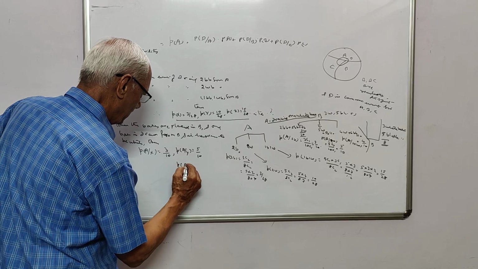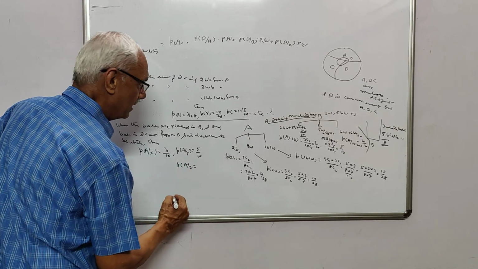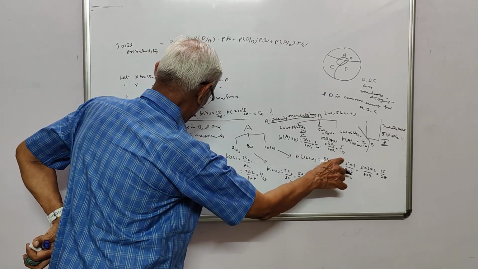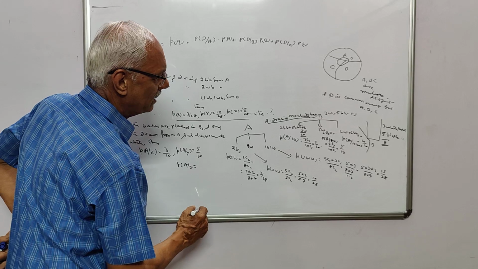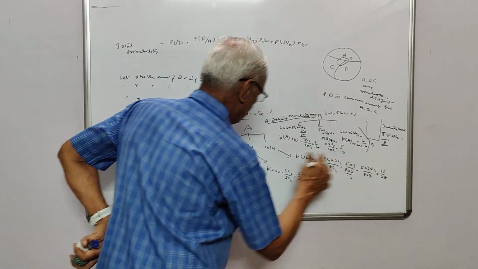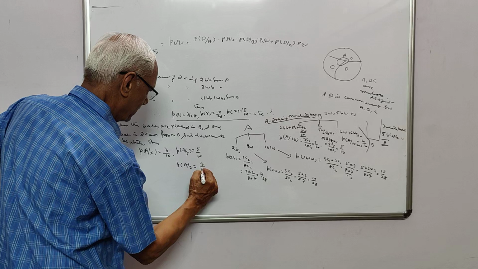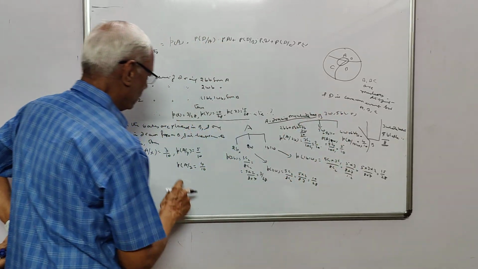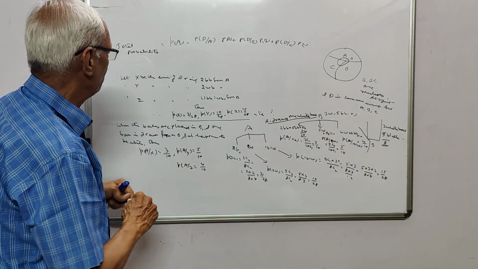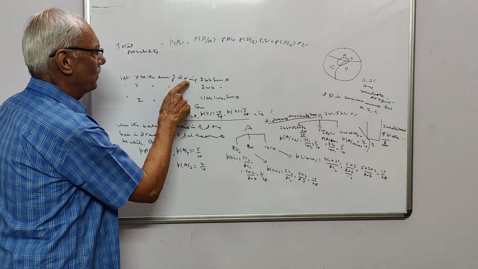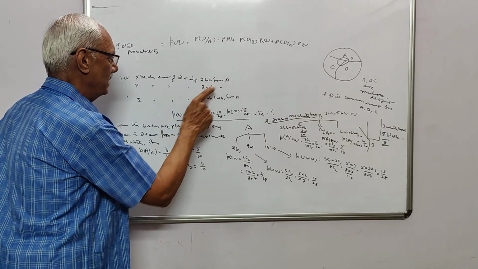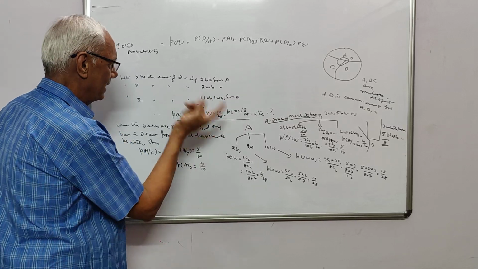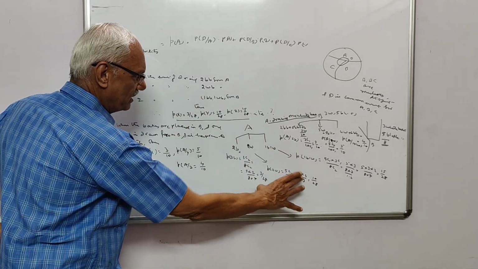P of A given Z is 4 by 10. So this is 3 by 10, 5 by 10, 4 by 10. Let X be the event of drawing 2 black balls from A, Y 2 white balls from A, and Z 1 black ball and 1 white ball. Then you see that I have explained everything here.